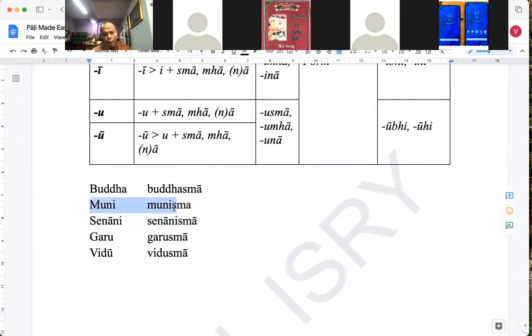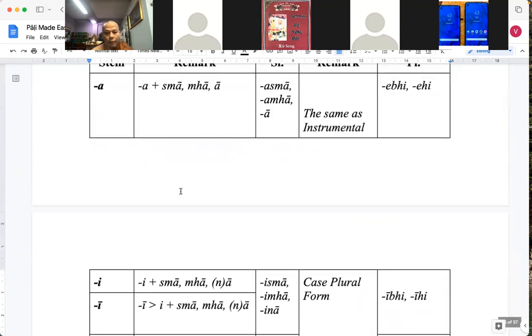So here, muni sama, sorry, muni sama, and senani sama, and garu sama, and vidu sama. Here in the instrumental case the final a is changed to e, but in the ablative case it is not changed to anything. So Bodha sama.